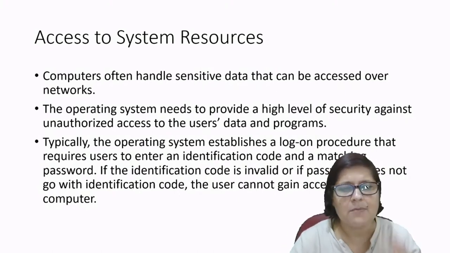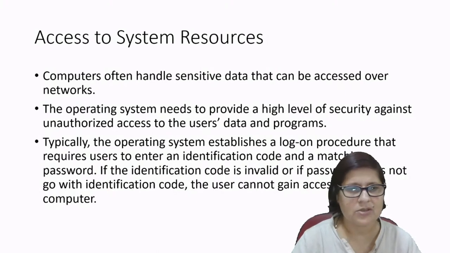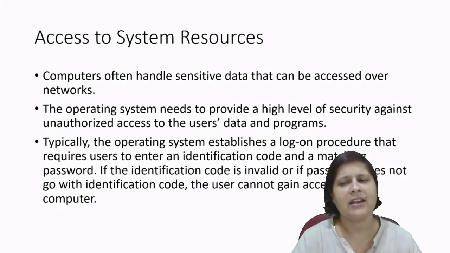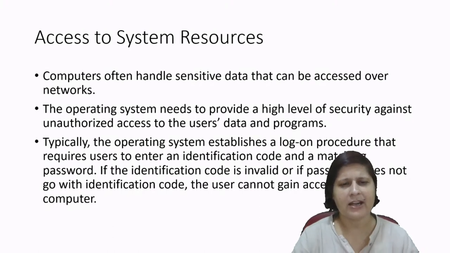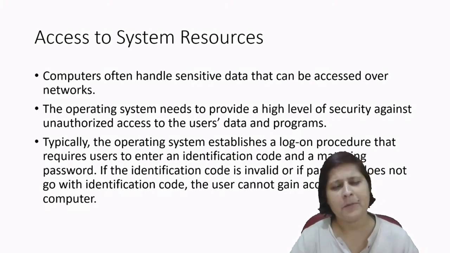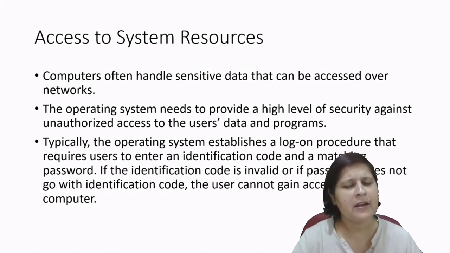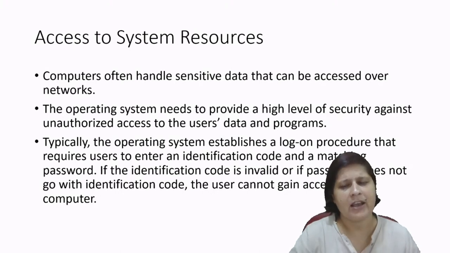Access to system resources. Next is access to system resources. Computers often handle sensitive data that can be accessed over networks, and the operating system needs to provide a high level of security against unauthorized access to user data and programs, because there could be sensitive data that has to be accessed over the network.